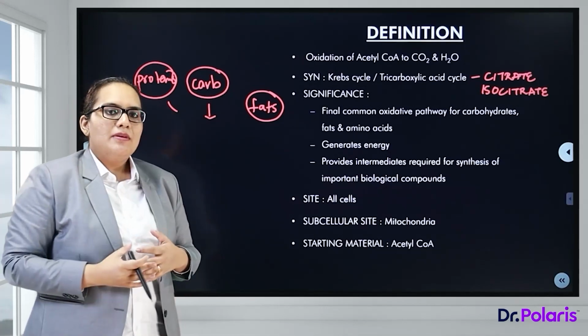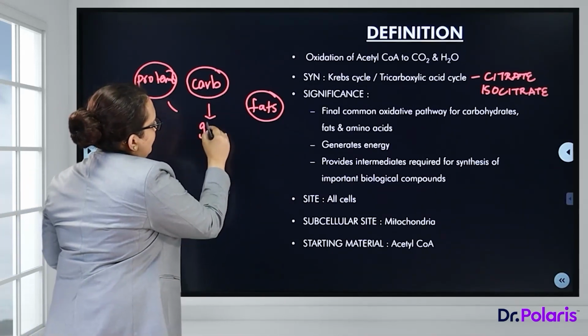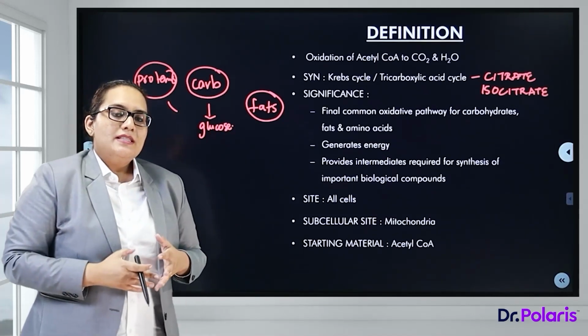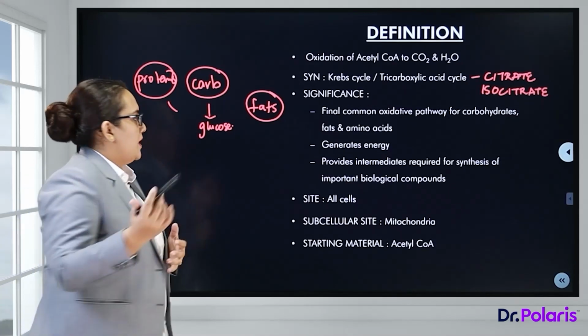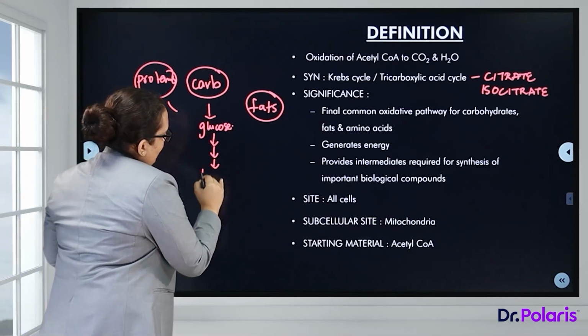Now the major carb which is utilized by our body is glucose. Glucose within the cells usually undergoes glycolysis. Through a series of reactions, it forms pyruvate.